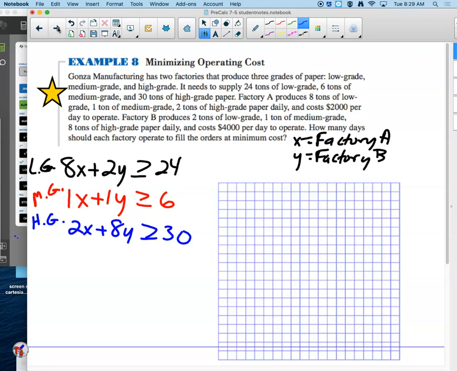So let's make sure we've used everything up to this point, up to where we need the objective function. We've got the 24, the 6, and the 30. The 8, the 1, and the 2. We're going to minimize costs, so we'll be using as an objective function C equals, Factory A is $2,000 per day to operate, and B is $4,000 per day.